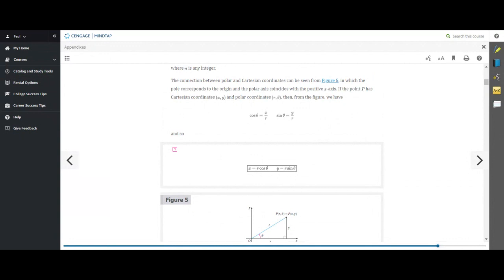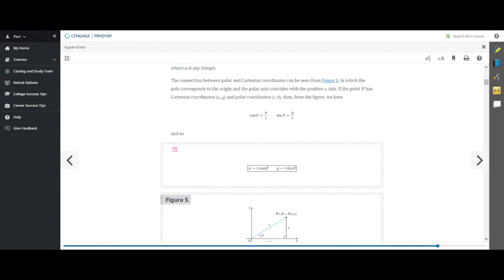And so if you're presented with a polar coordinate, you can find the Cartesian coordinate, or I should say the rectangular coordinate, simply by using the fact that x equals r cosine theta and y equals r times the sine of theta. Hopefully this shouldn't be a surprise. Some of the problems in the book you convert from polar coordinates to rectangular coordinates, or Cartesian coordinates.